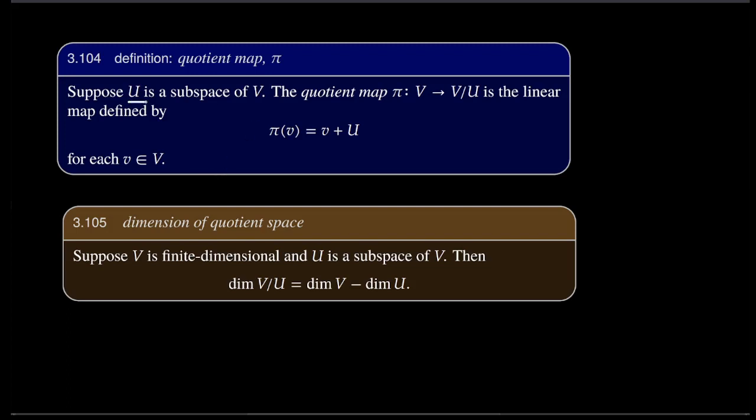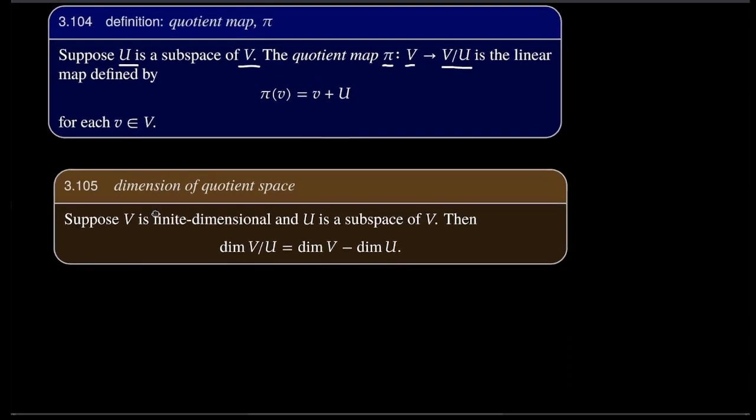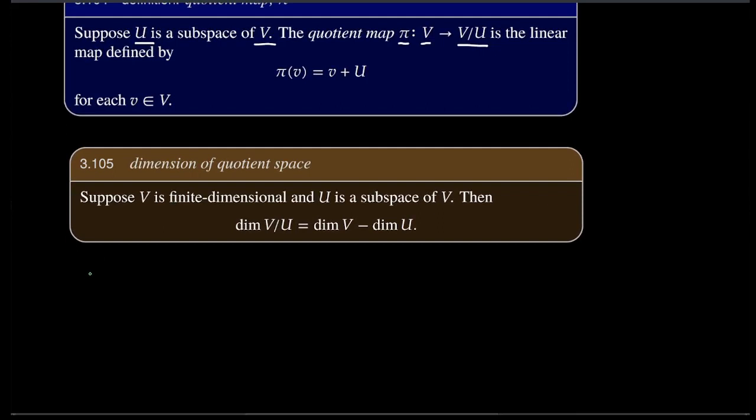If you've got a subspace U of a vector space V, the quotient map, which we'll write as pi, sends V to the set of translates of U in V by sending a vector v to the translate of U by v, for each vector v in V. The claim I'm going to make is that if V is a finite dimensional vector space and U is a subspace of V, so finite dimensionality matters here quite a bit, then the dimension of the quotient space is the dimension of V minus the dimension of U.